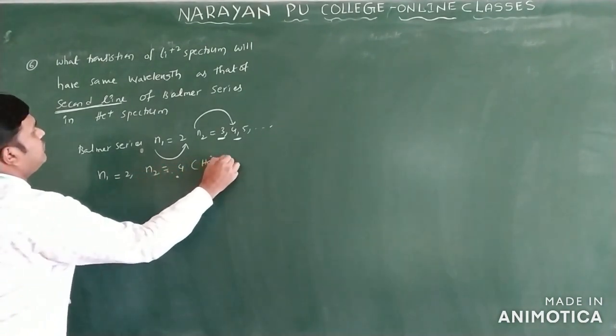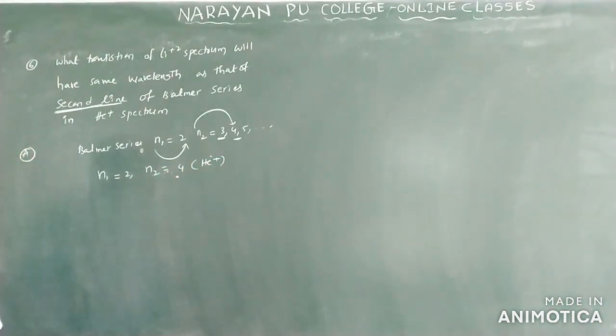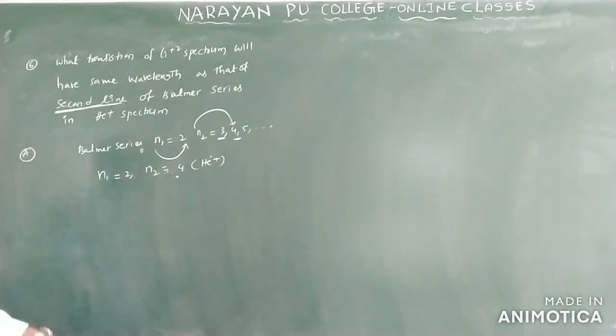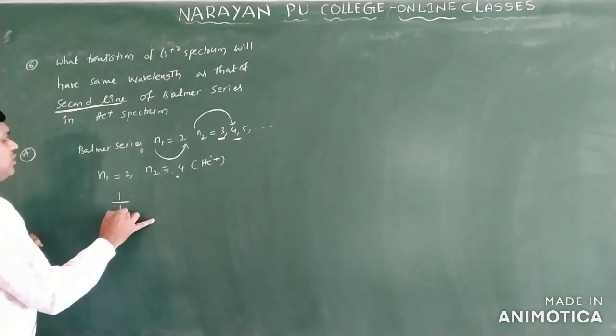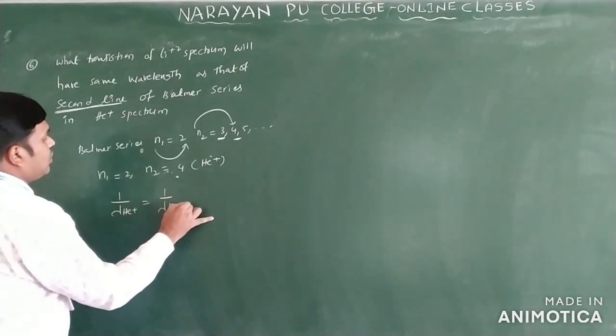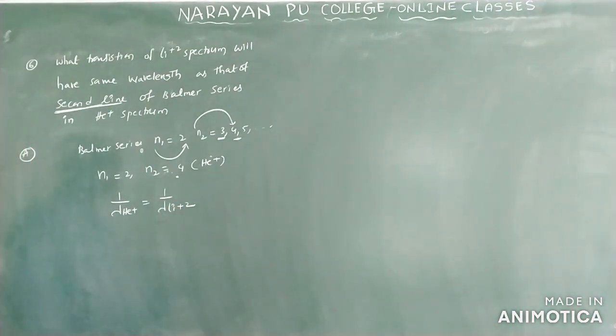For what atom we have? He plus atom only. Here the wavelength of Li plus 2 and wavelength of He plus are equal only. I will write here 1 by lambda of He plus is equal to 1 by lambda of Li plus 2 only. Clear? Now here it is hydrogen like species, it is not hydrogen only.